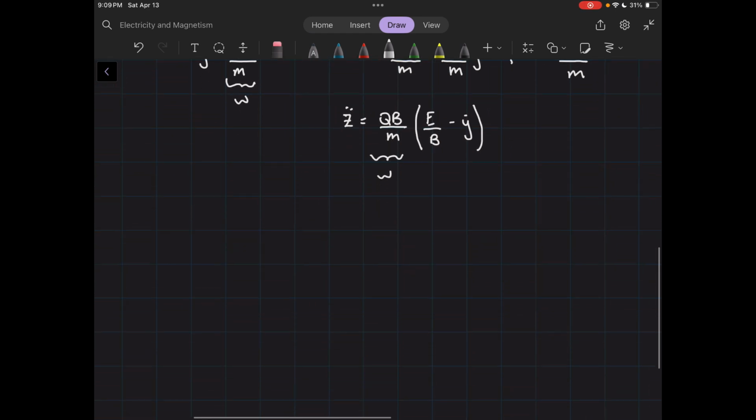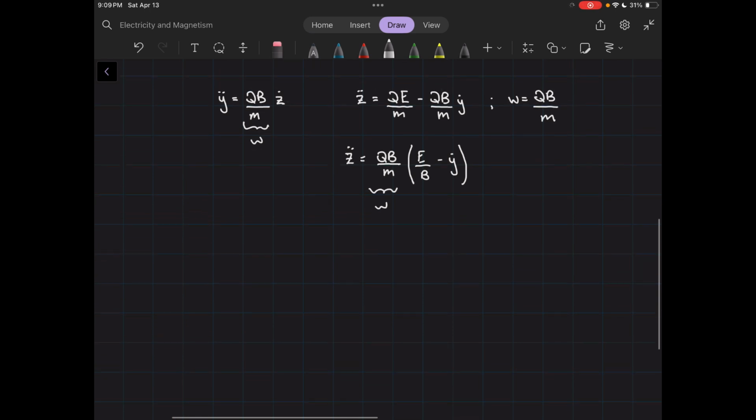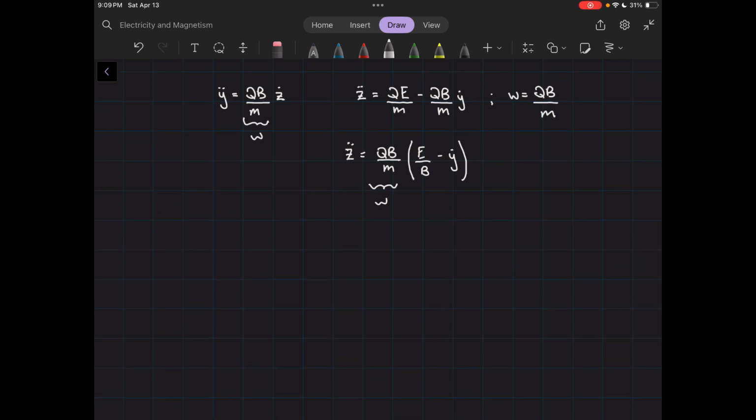So then the general solutions to these differential equations, I'll go ahead and rewrite them.